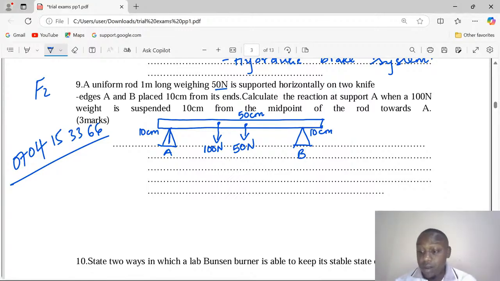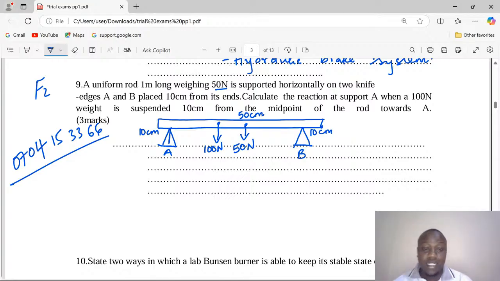Remember, for a system in equilibrium, all downward forces should equal all the upward forces.